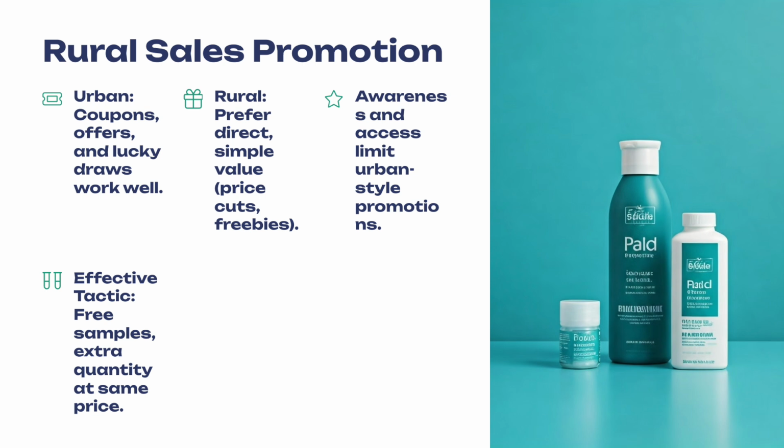This is often because of lower awareness about these promotions, logistical challenges in implementing them, and a preference among rural consumers for straightforward value. So, for this group, a more effective strategy might be simply offering the product at the most competitive price possible, appealing to their inherent price sensitivity and desire for clear and direct value.